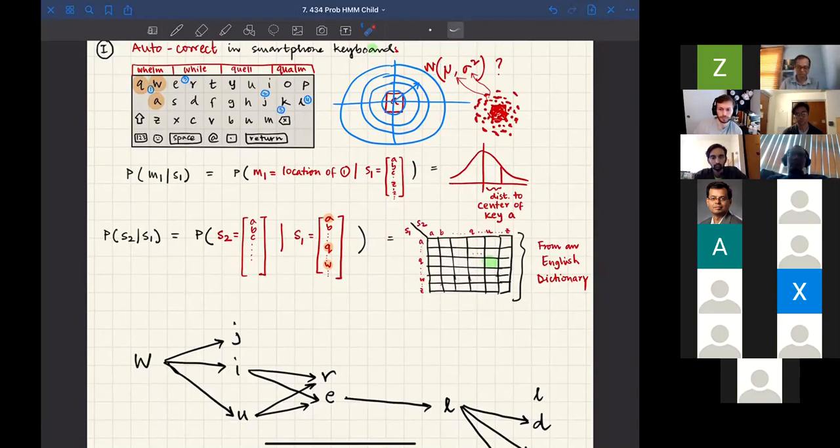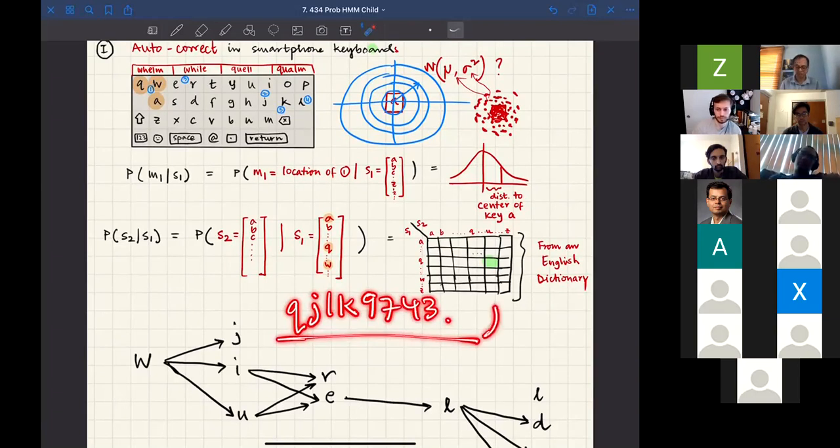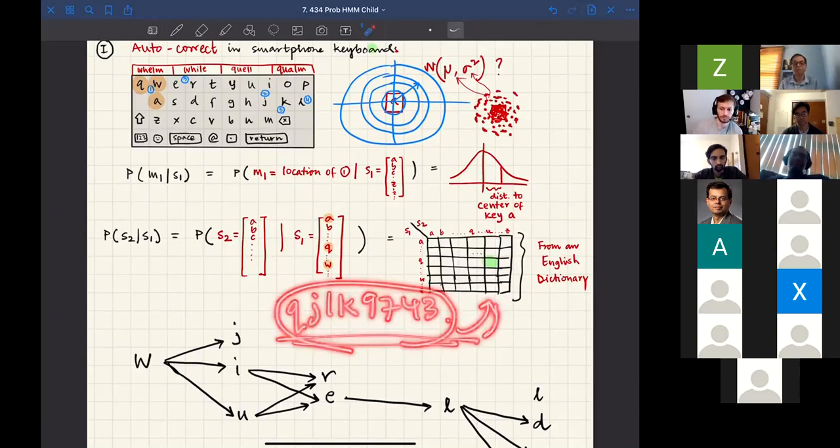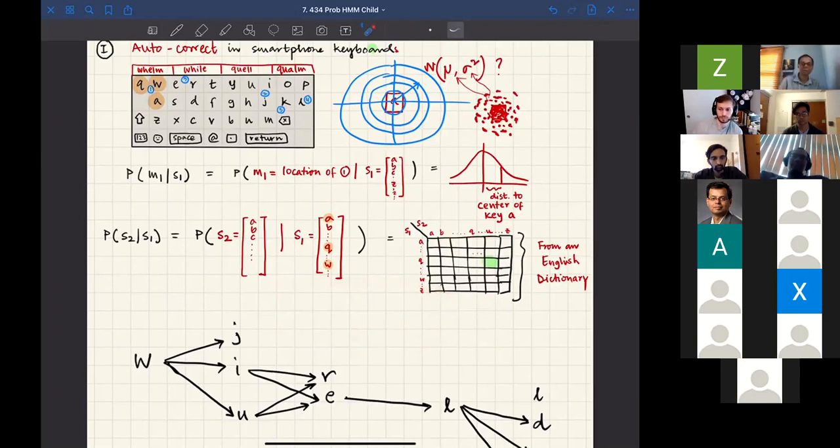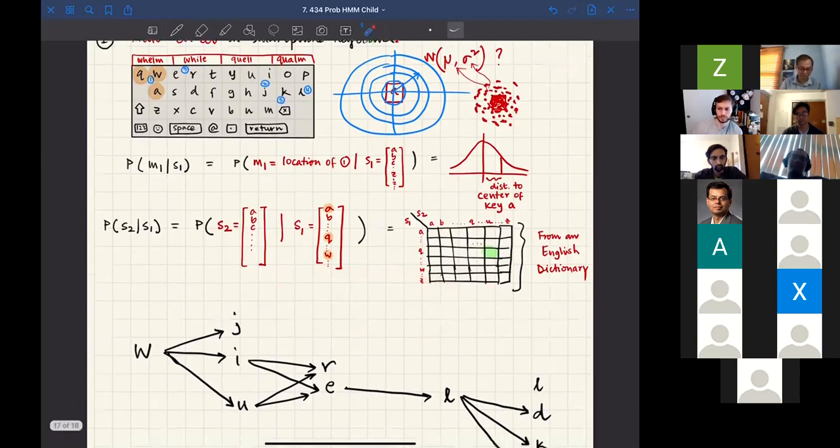So there's a good reason for passwords to be like QJLK9743. Great, because this breaks the probability of these substrings in your hidden Markov model state transition diagrams, which are very, very low. But at the same time, the trade-off is it's hard to remember this password.